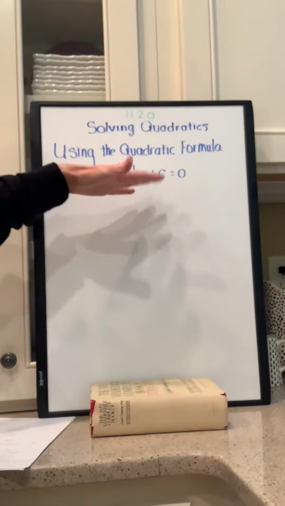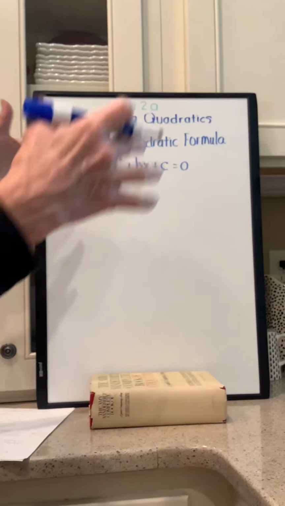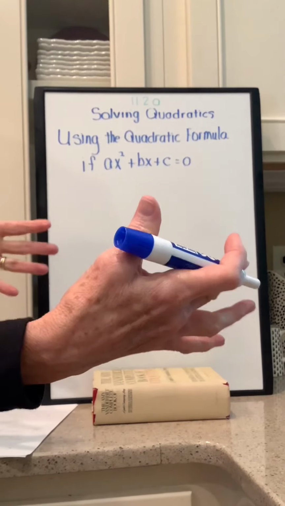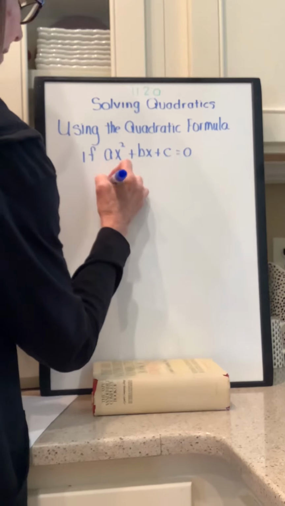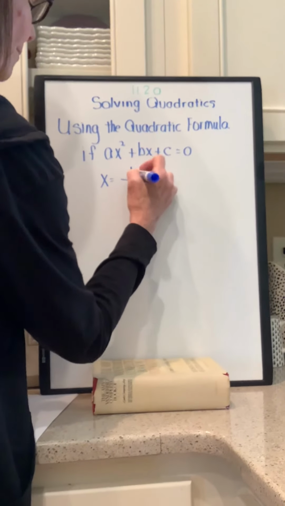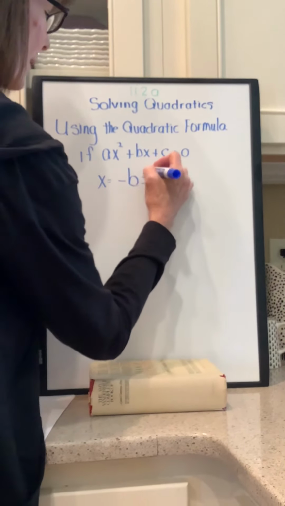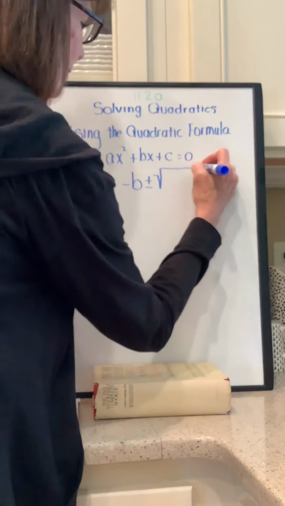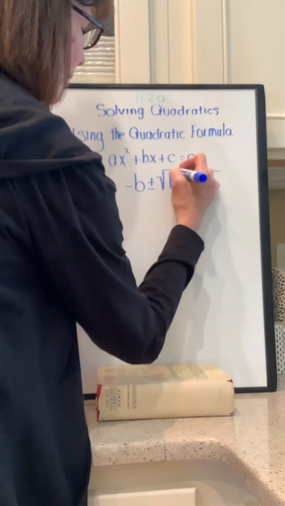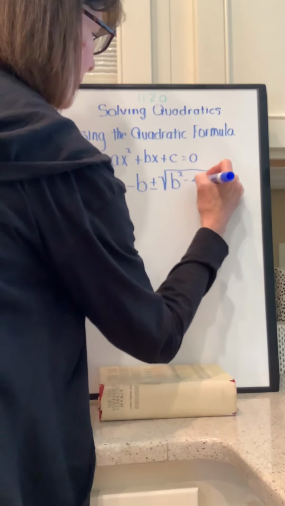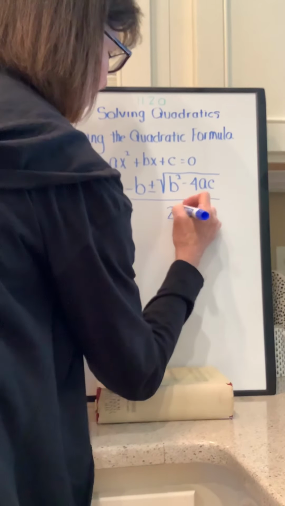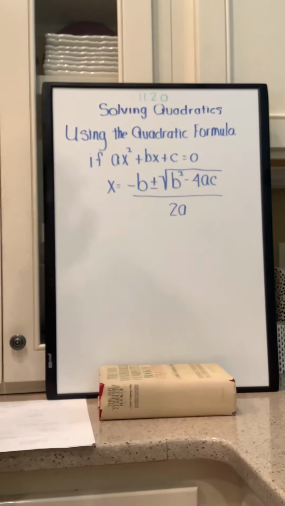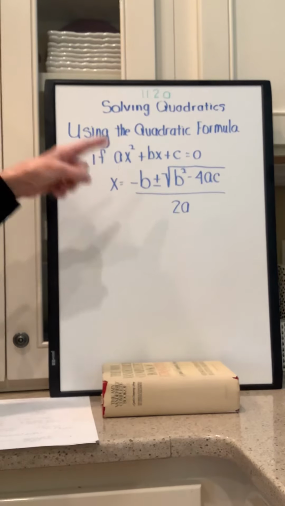If we took that and completed the square, which is a skill that you have just learned how to do, and solved for x, this is what we're going to get: x is equal to the opposite of b plus or minus the square root of b squared minus 4ac, all over 2a. This is how you solve for x with the quadratic formula.